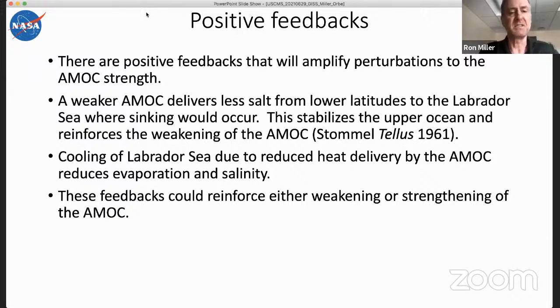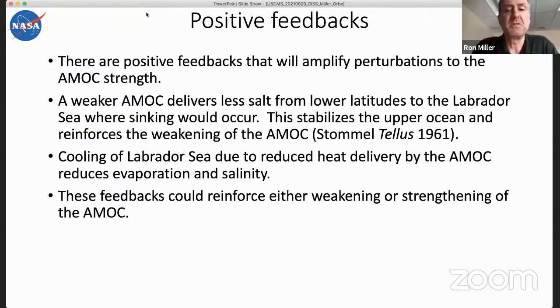So one of them is that a weaker AMOC will deliver less salt from lower latitudes, from the subtropical gyres and the tropics, to the Labrador Sea, where sinking would otherwise occur. This stabilizes the upper ocean and reduces the possibility of convection, and reinforces the weakening of the AMOC.